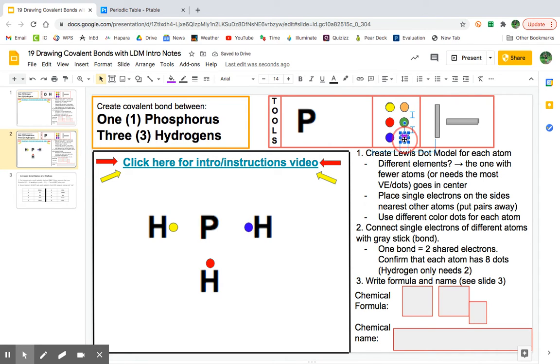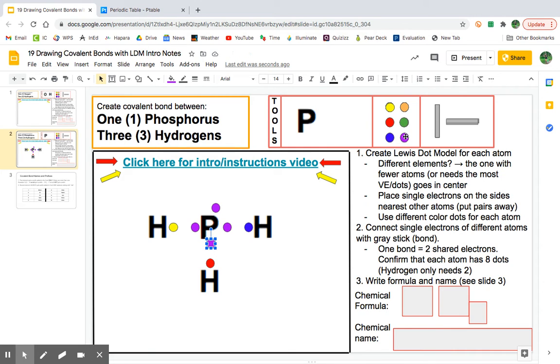Remember, phosphorus has 5 dots as it's in column 5. So there's 1, and then 2, and then 3, 4, and then remember, we want to double up for our 5th one.